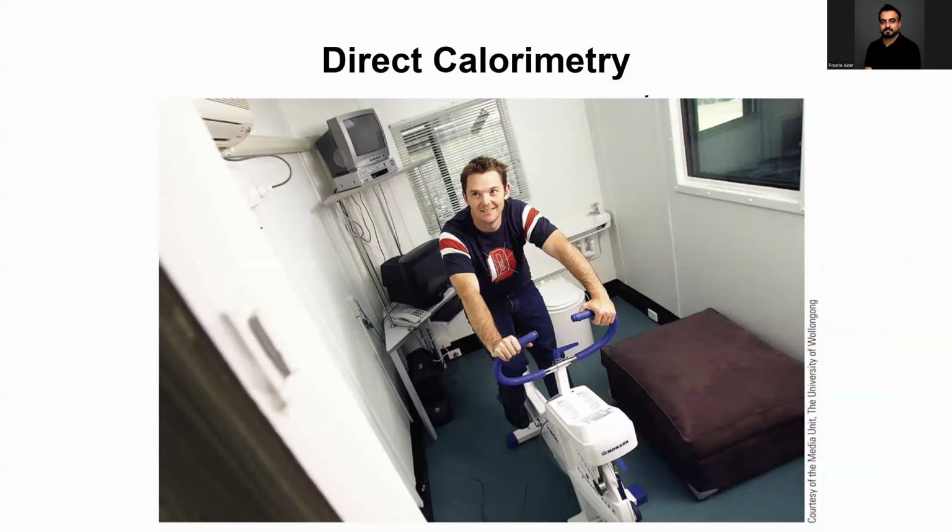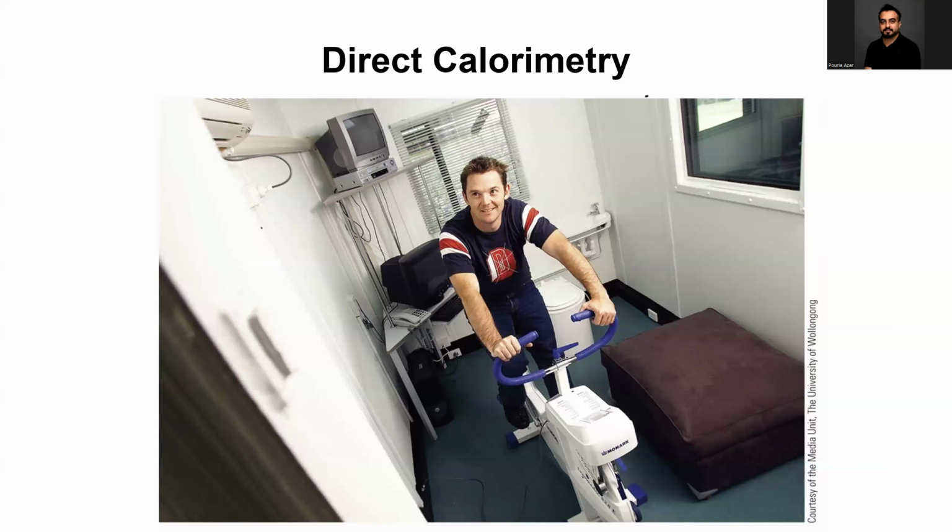Here is an example of direct calorimetry, or room calorimetry. It's like a chamber, and this guy is doing routine activities in this room. There's a TV, there's a bathroom, and cycling and those kinds of things.